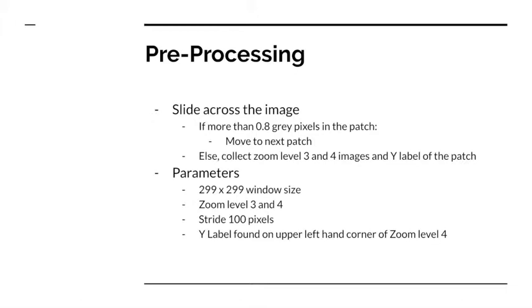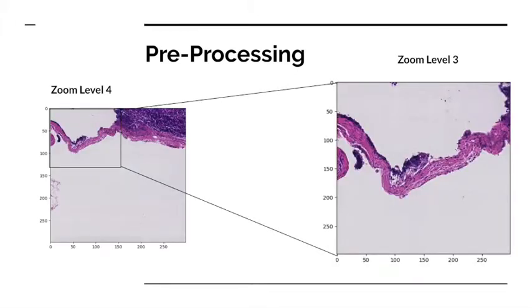For the Y label, we looked at the upper left-hand corner of zoom level 4, and there's a very specific reason that we chose this. If you look at zoom level 4 and zoom level 3 of the same coordinate pair, we see that it's zooming in on the upper left-hand corner. This is only because of how OpenSlide works.